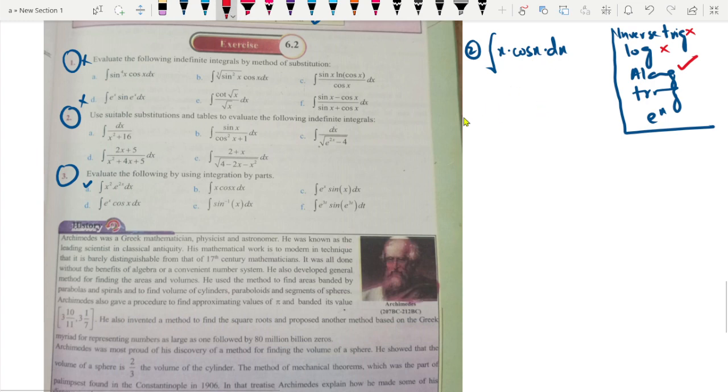We know that the integral of u dv is equal to uv minus the integral of v du. So the inverse trigonometric function is not present, the logarithmic function is not present, and we know that the algebraic function is present. Take the algebraic function as u.